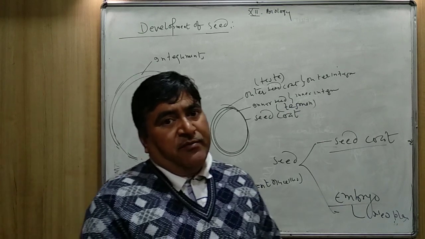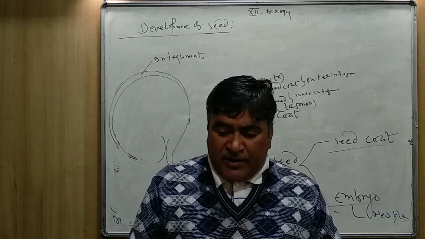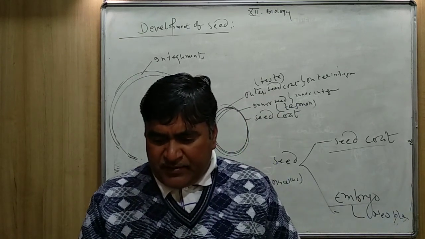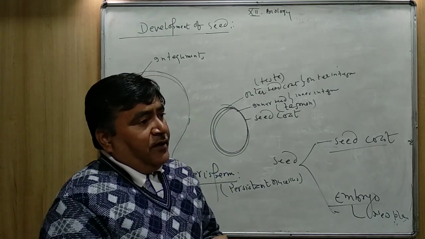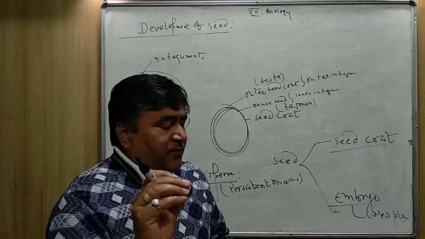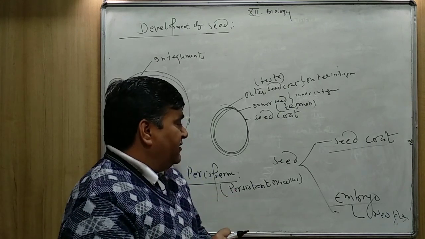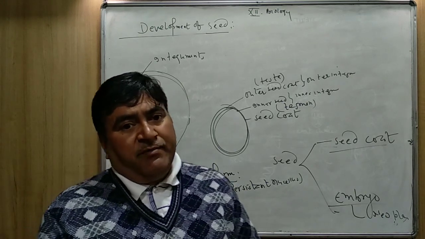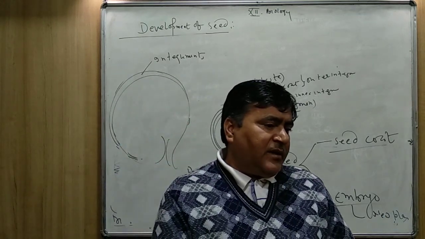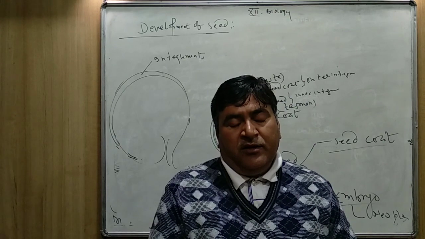The perisperm is found in the plant black pepper. The edible part of the black pepper is the nucleus. The perisperm is found in black pepper and beet seed also.